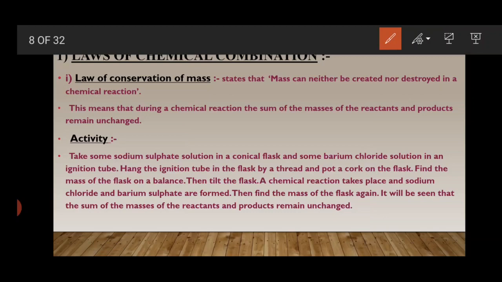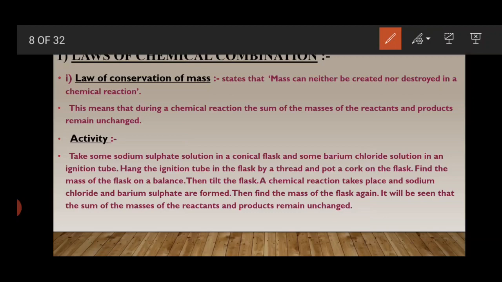Take some sodium sulfate solution in a conical flask and some barium chloride in an ignition tube. Hang the ignition tube in the flask by thread and put a cork on the flask. Find the mass of the flask on a balance. Then tilt the flask. A chemical reaction takes place and sodium chloride and barium sulfate get formed.